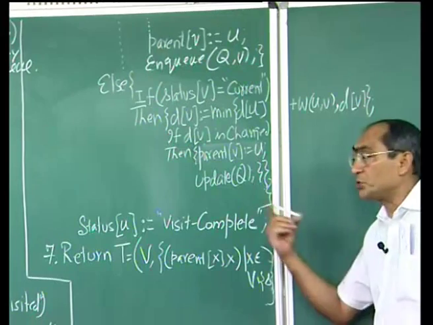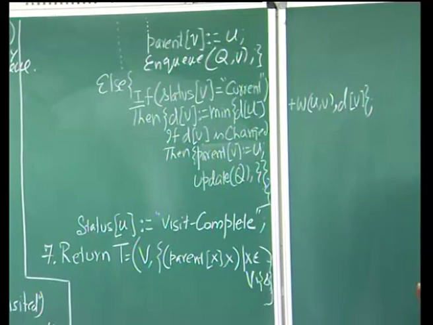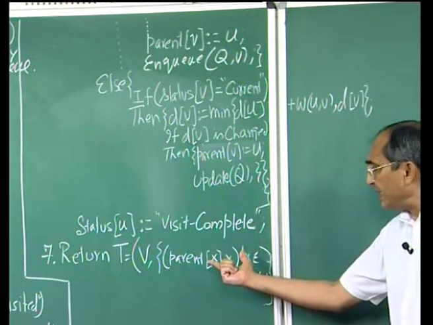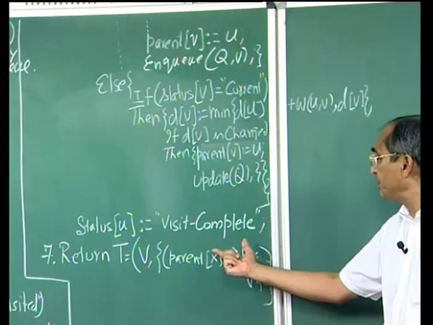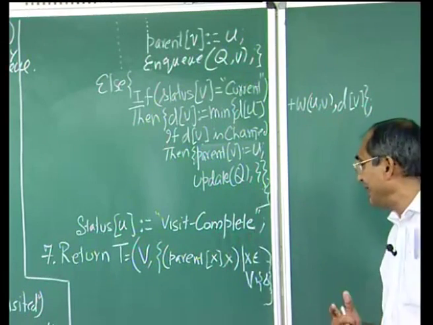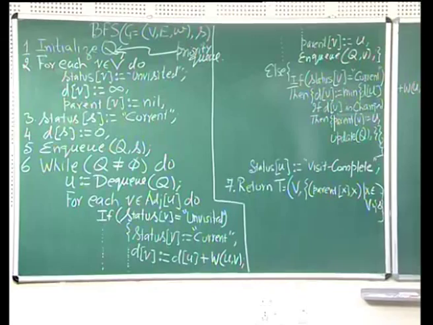So, now we are going to prove that indeed this computes the desired weighted shortest path tree with respect to vertex s. All right. So, let us start with this simple observation here.